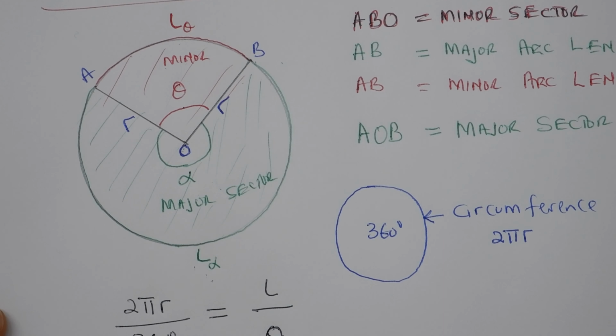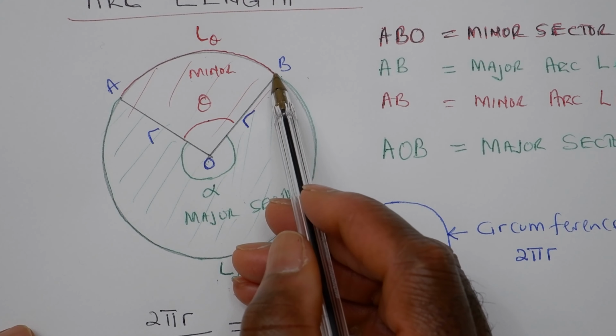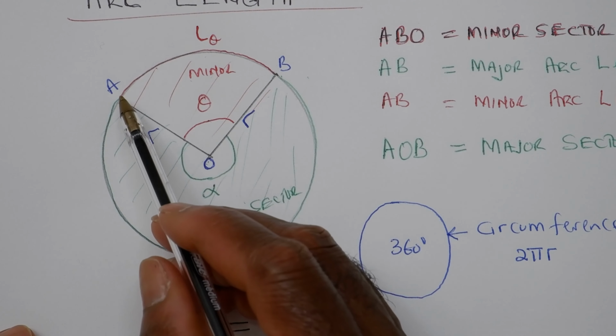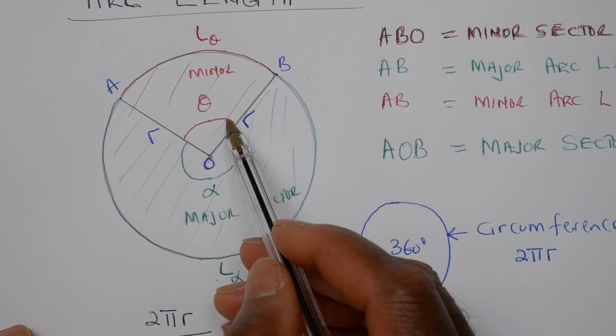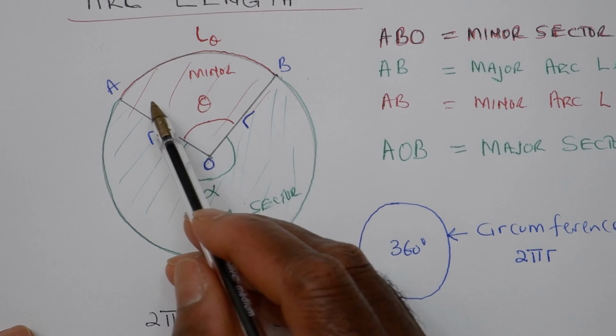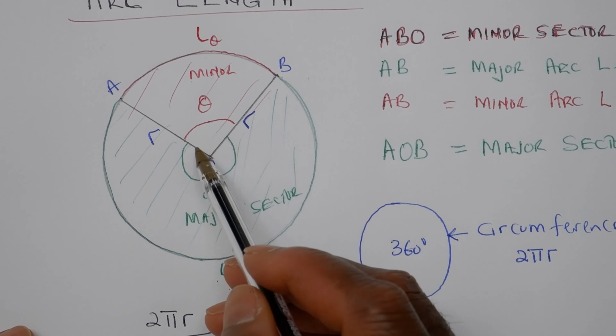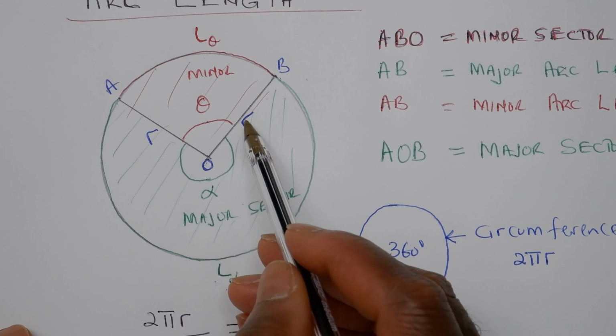The arc length is the distance generated by an angle theta. The distance is from A to B, because if I move from A all the way to B, I'm generating that angle theta.